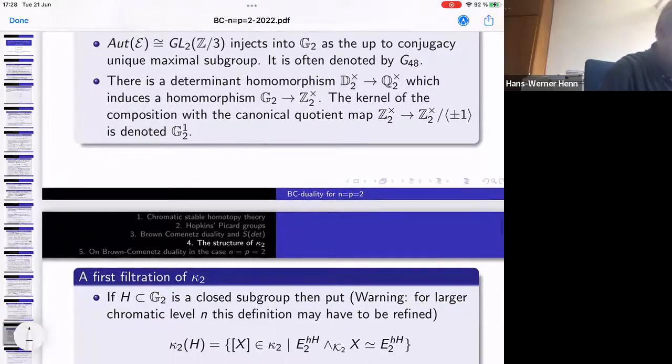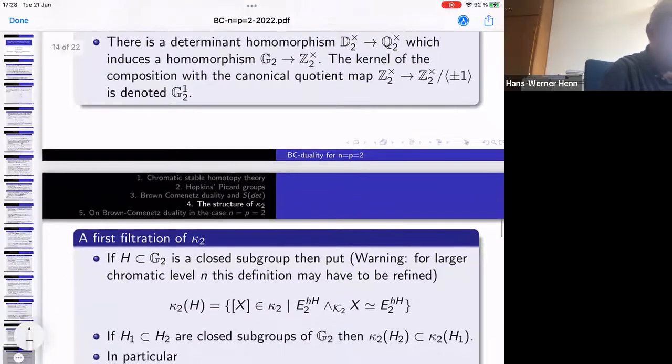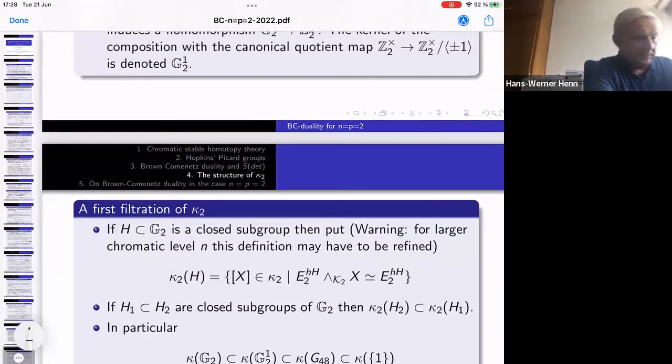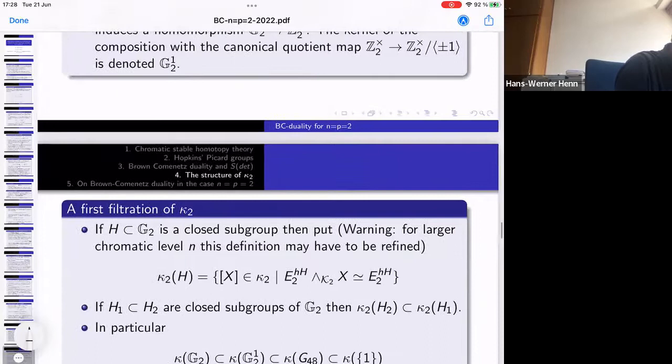So the group kappa 2 admits various filtrations. The first filtration, which I will also call later on the subgroup filtration, relies on the following observation.